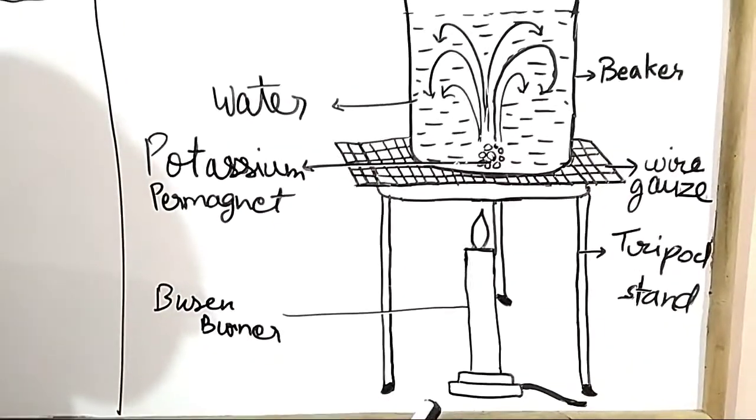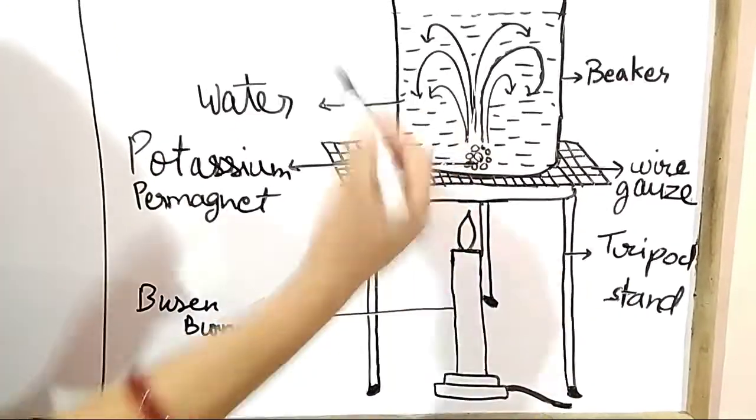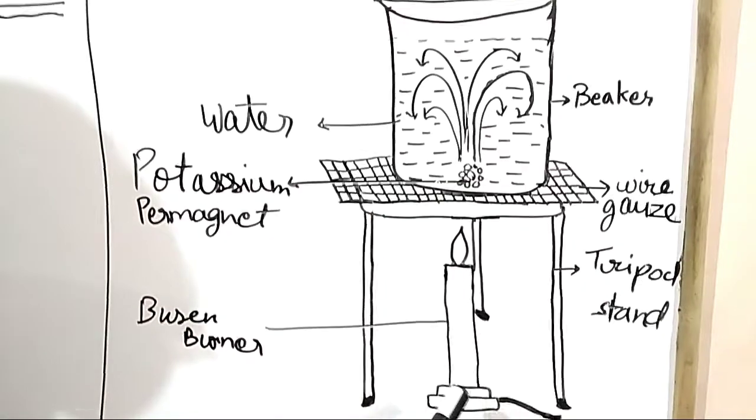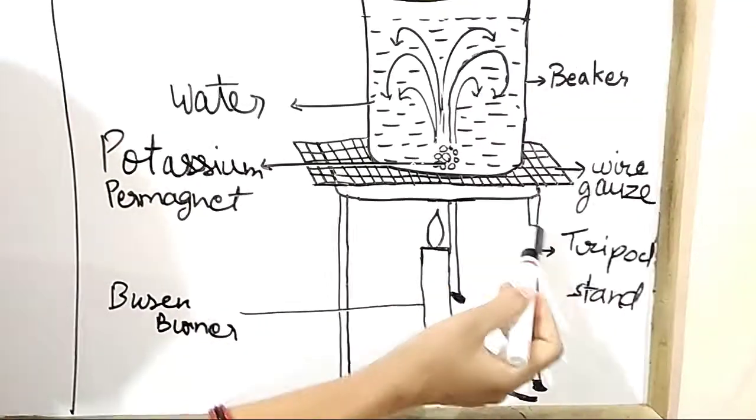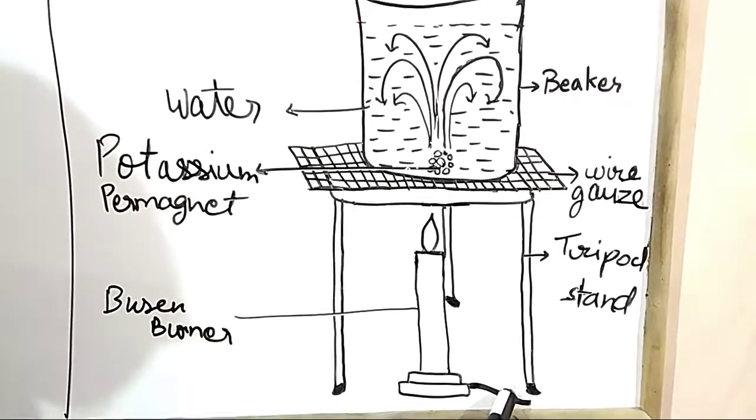So here you can see I have made this diagram to make you understand. This is the tripod stand and this is the Bunsen burner.